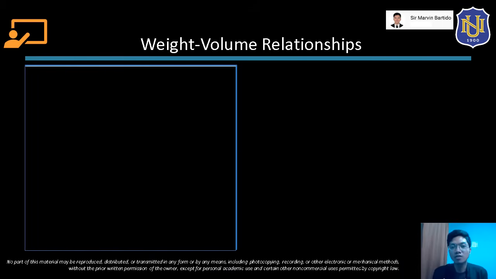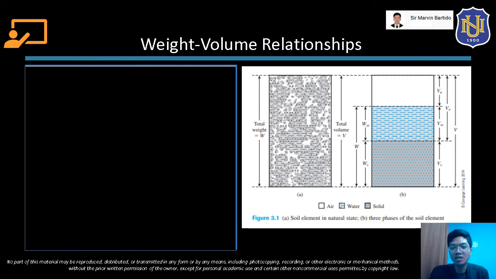Okay, so let's talk about the weight and volume relationships for soil. To know the weight and volume relationships for soil, let's say we take a sample of soil mass in its natural state. The soil element in its natural state, class, is shown here.